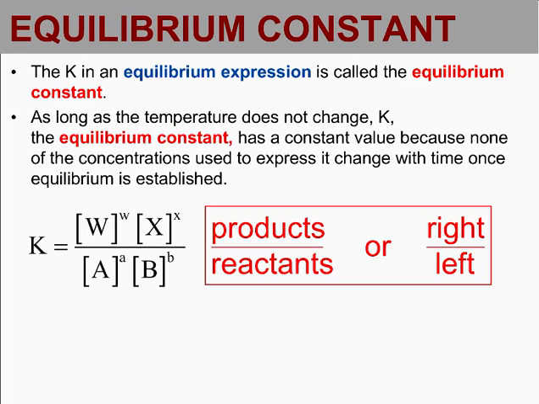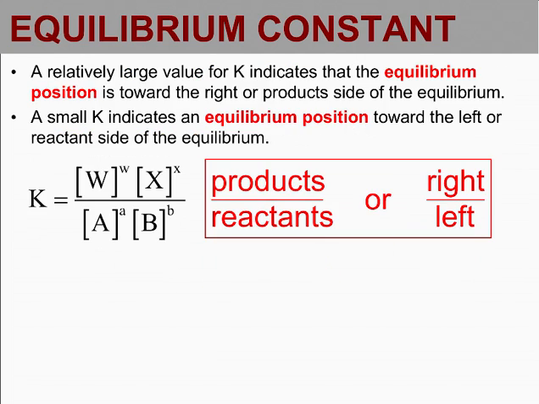So let's talk about the relative values of this equilibrium constant and what that means. So again, remember K is a ratio of products to reactants. So if we have a relatively large value of K, then that indicates that we have a lot of products. So the equilibrium position is toward the right, or product side of the equilibrium equation.